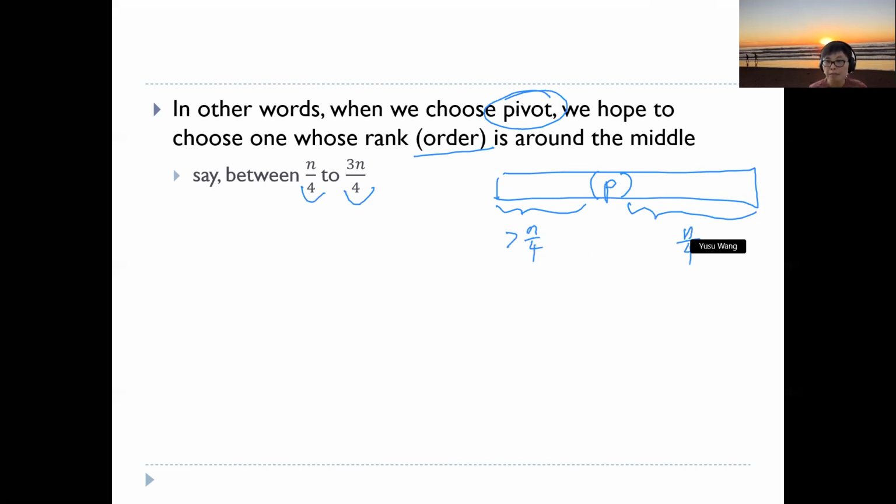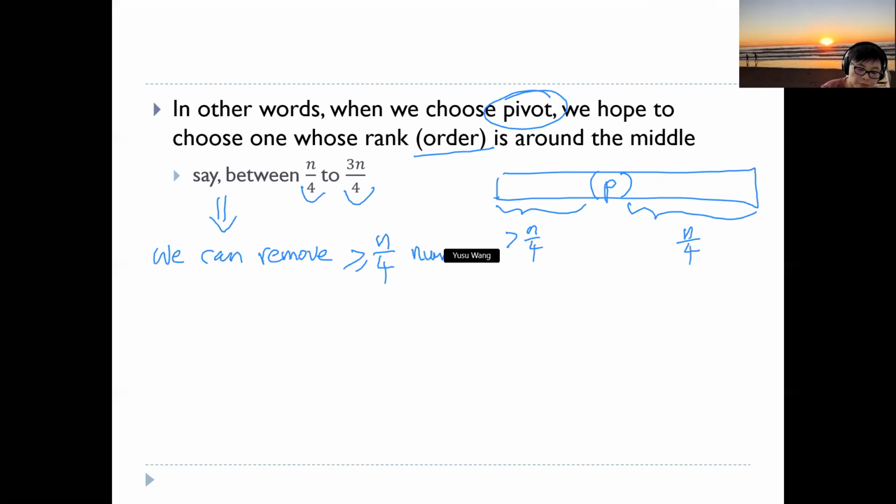And no matter which side we go to, we will remove the other side. That means we can remove at least n/4 numbers after each split.